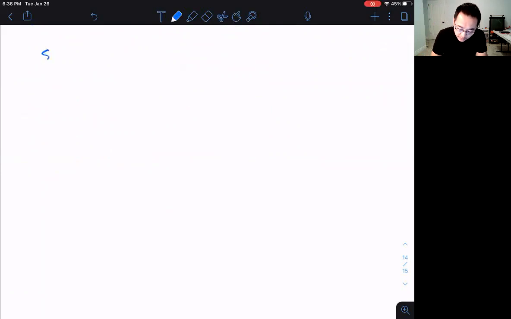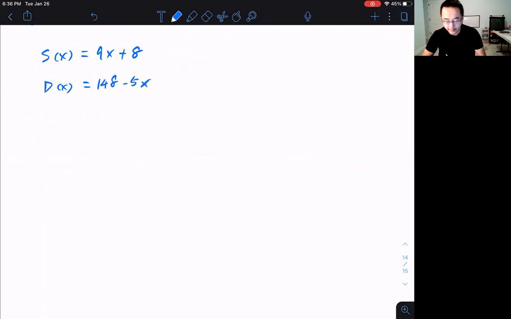Supply is 9x plus 8. Okay, demand is 148 minus 5x. And then I ask you, well, what is your equilibrium point?